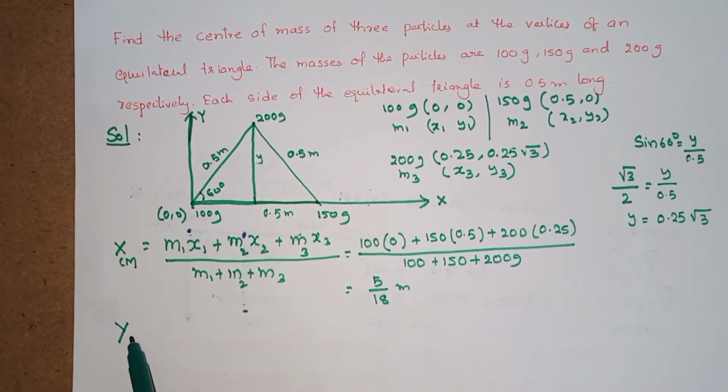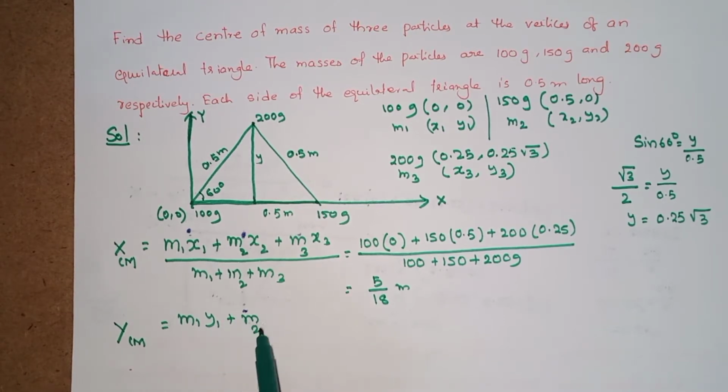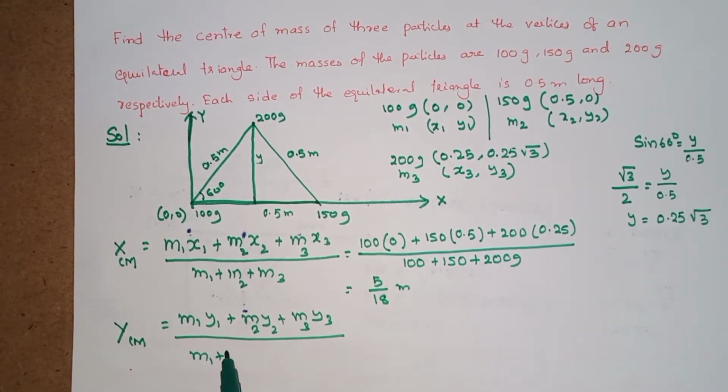The Y coordinate of the center of mass is equal to m1 y1 plus m2 y2 plus m3 y3 by m1 plus m2 plus m3.